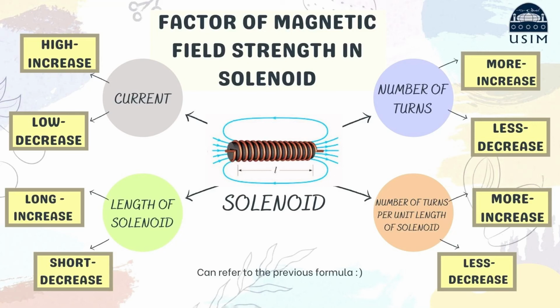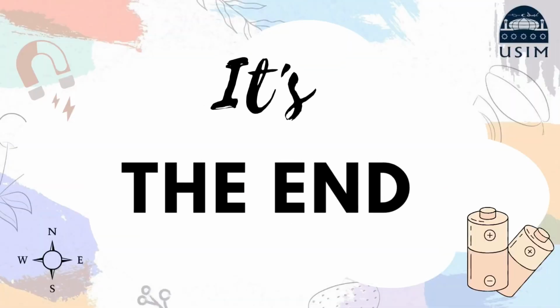When the number of turns per unit length is more, the magnetic field strength in solenoid increases, and when the number of turns per unit length is less, the magnetic field strength in solenoid also decreases. It's the end.